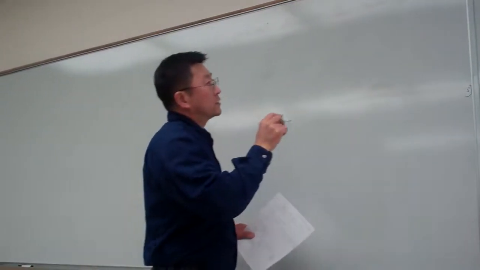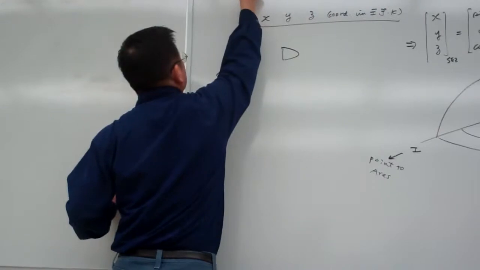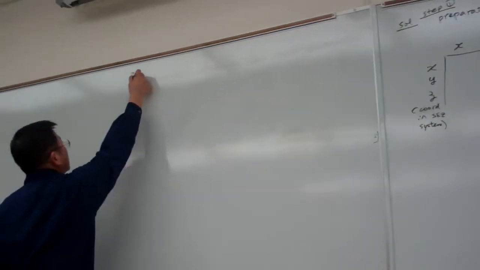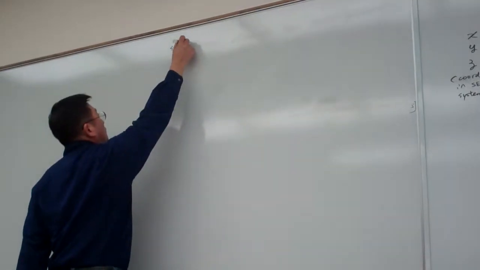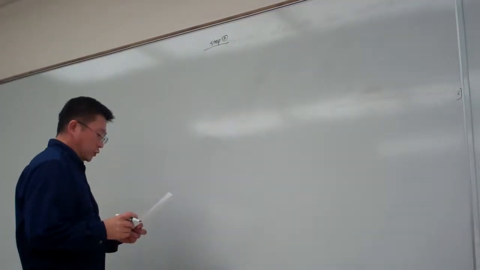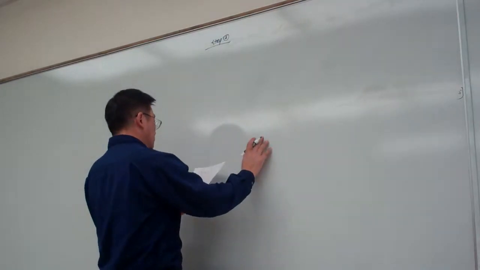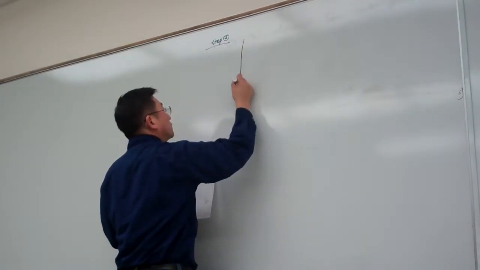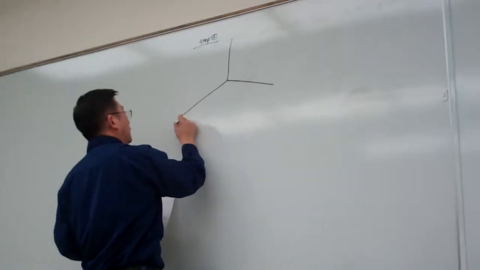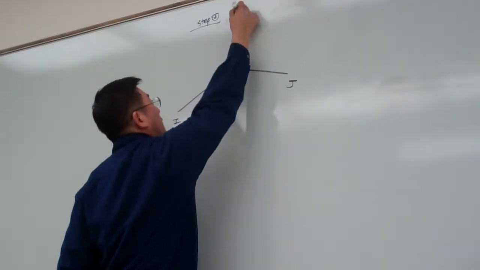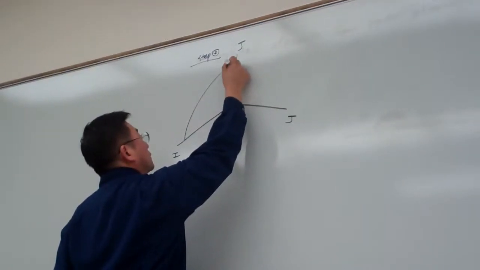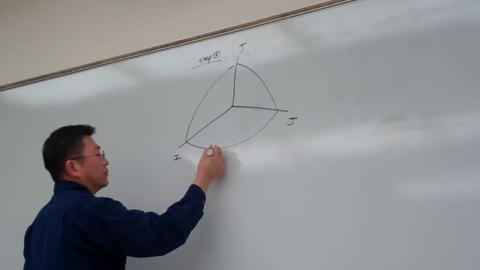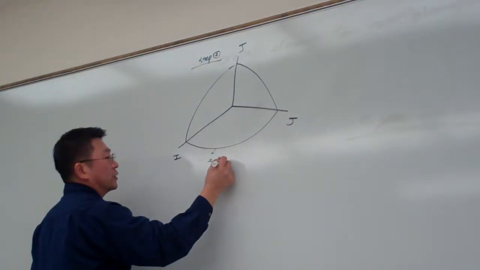Okay, so that is step one. Step two. We try to begin to do something here. So here, let me draw the coordinate systems again. I, J, K, and basically this is the equatorial plane.